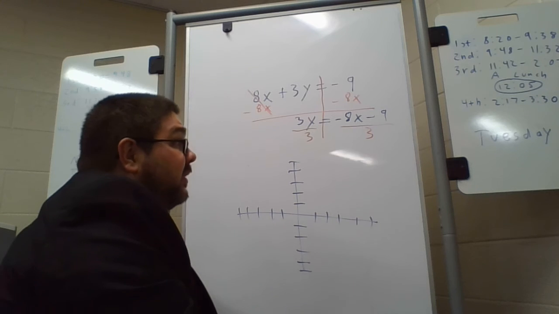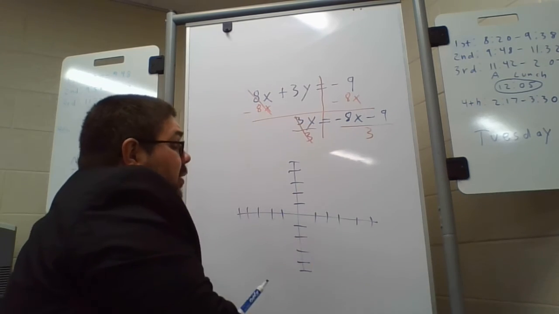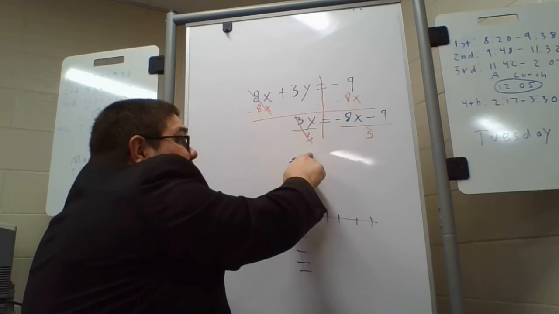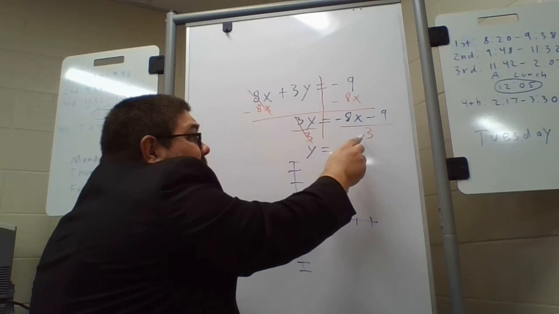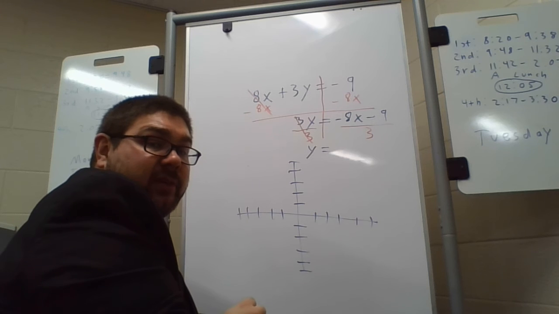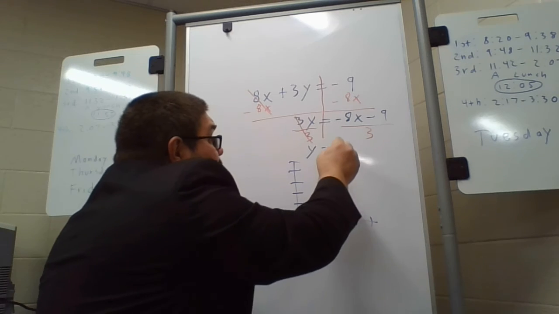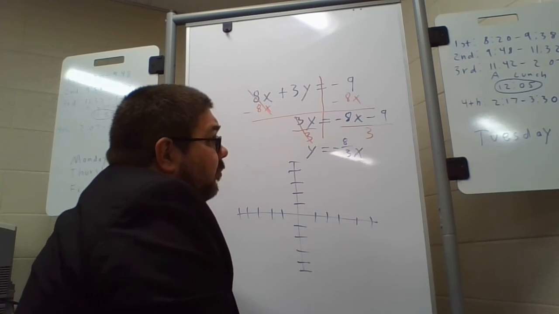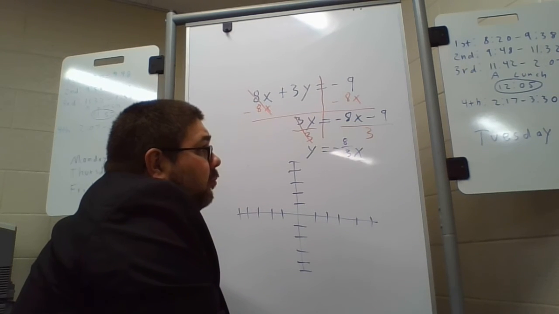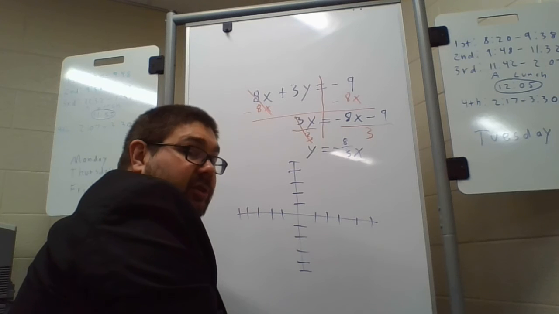What that means is we cancel the 3's on this side, and we get y equals negative 8x divided by 3, so negative 8 over 3x. Do you see why?